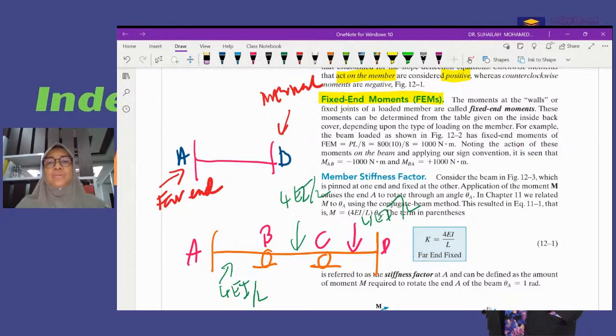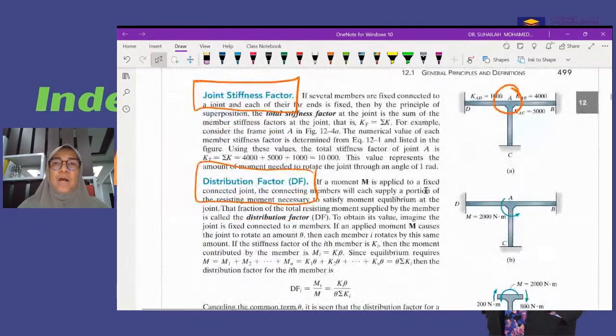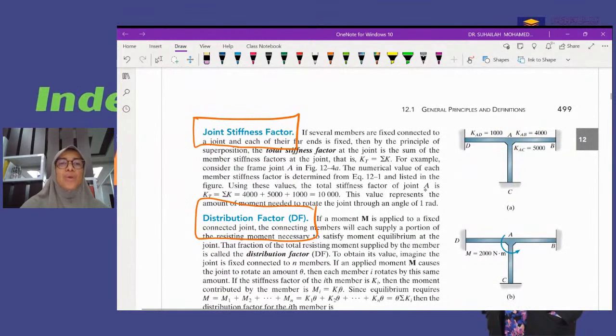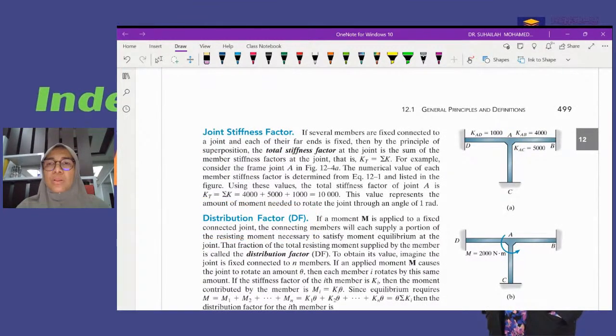This is very important because from member stiffness, we will calculate joint stiffness, and after that, we will determine the distribution factor. So I will jump straight to what is important for you to understand: the joint stiffness factor. We have members and we have joints.